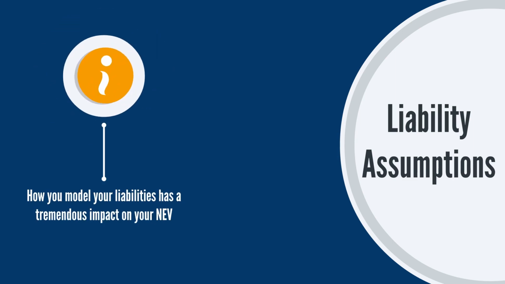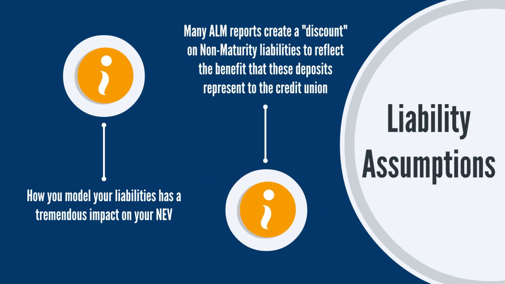The liability side also has many assumptions built into the model, which can have a major impact on the net economic value calculation. Since non-maturity liabilities represent a major source of funding for a credit union, many ALM models provide a discount on these shares as they represent a benefit to the credit union.